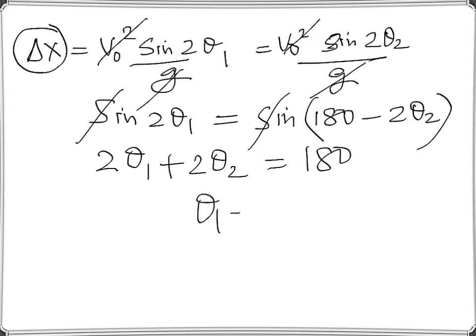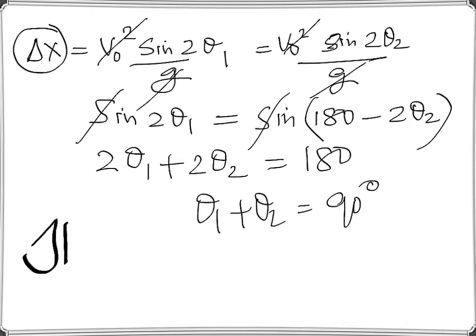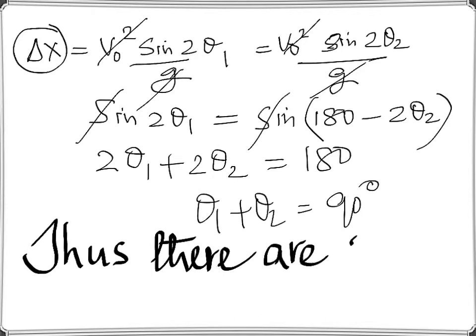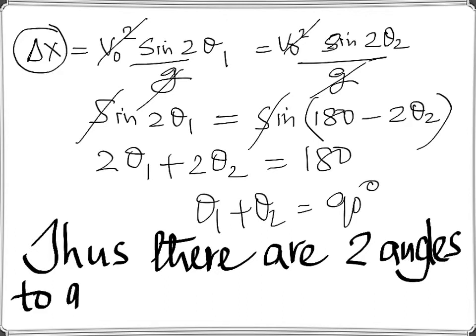Rearrange that and simplify to get the sum of the two angles should be 90 degrees. Therefore, there are two angles with the same velocity to get the same horizontal displacement. And when you add those two angles, you must get 90 degrees.